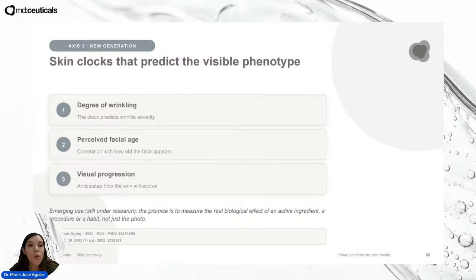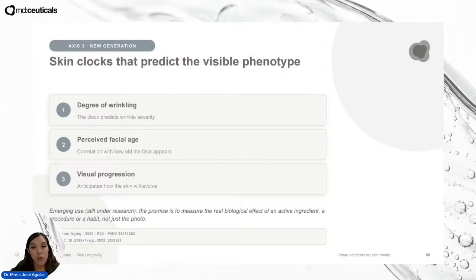So first of all, we need to identify the clocks, or the skin clocks, of the patient. We have 3 ways, or maybe 4, to identify them. The easiest way is in the clinic: identify the wrinkles, identify the hyperpigmentations.